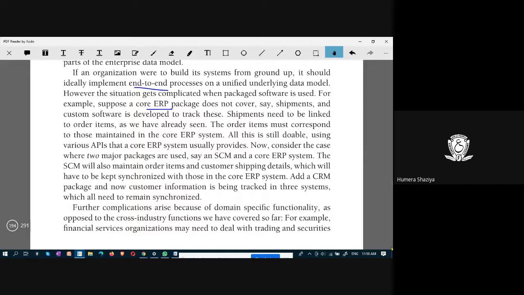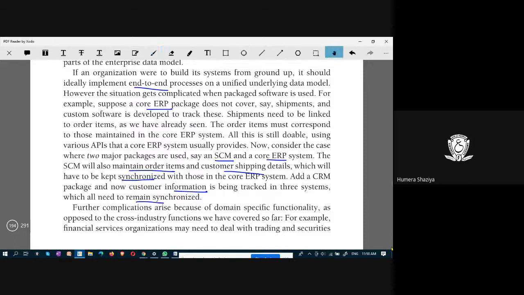So all these problems: consider the case of two major packages, say SCM and core ERP. SCM will also maintain order items and customer shipment details, which will have to be synchronized with the information stored in ERP. Further, when you add a CRM, customer information is being tracked in this system, which will also have to remain synchronized.